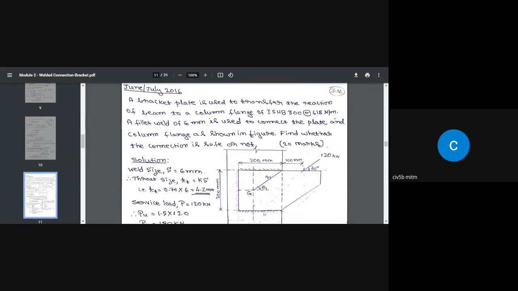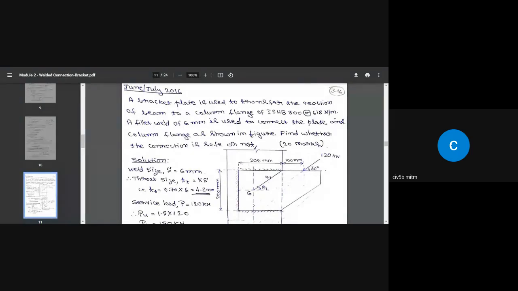This is a bracket plate of certain thickness, okay, and this is the flange of the I section. This is one of the flanges. There is another flange on the other side, okay. Find whether the connection is safe or not.